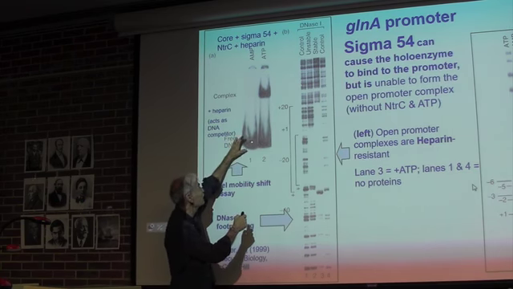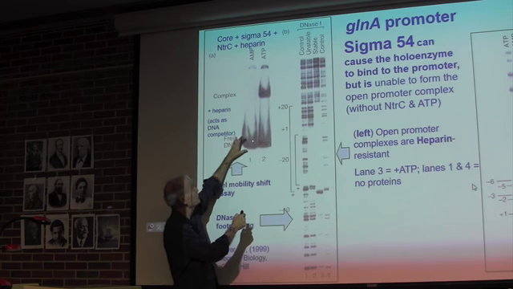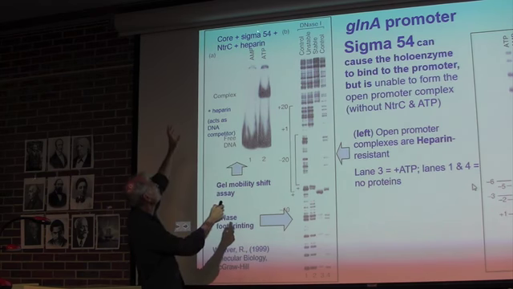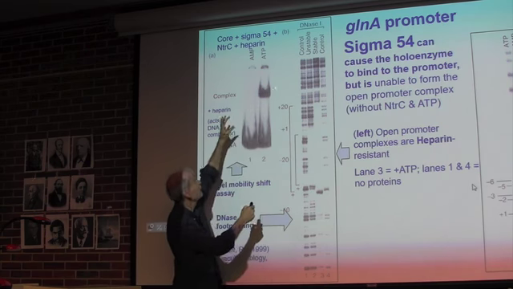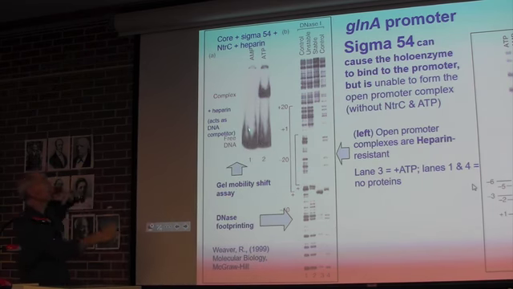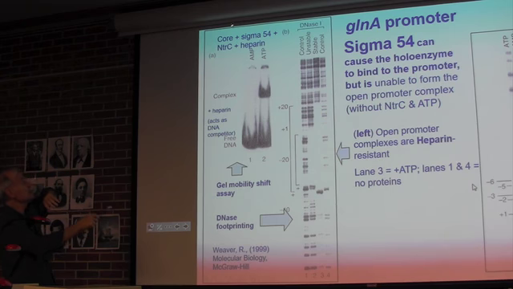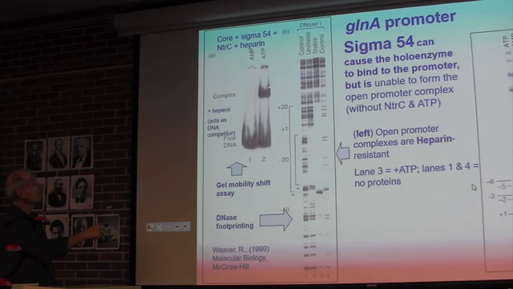But if your DNA, which contains the promoter, is bound to your core plus sigma plus NTRC, it's going to be a very slowly migrating complex in the gel. So here you see making that complex between the promoter and sigma 54 and the NTRC is dependent on ATP also being present. Just so the heparin means that this thing is actually in an open promoter complex.